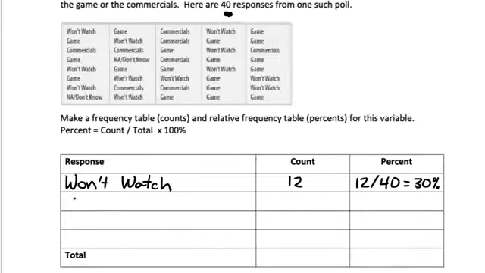Another possible response is that they were more interested in the game. If I count how many people said that they were more interested in the game in that list, I should end up with 18. And 18 divided by 40 is 45%.